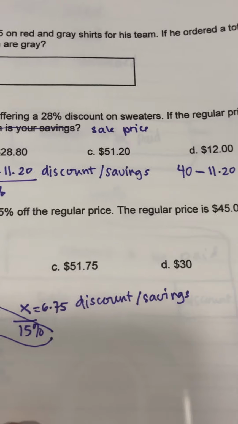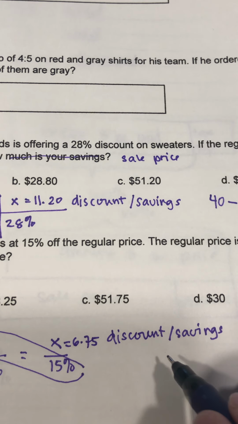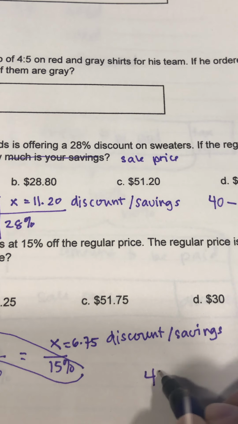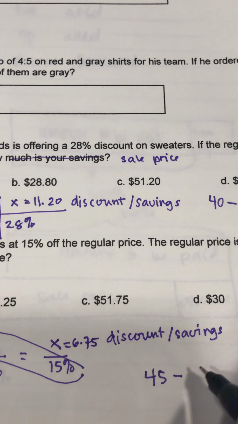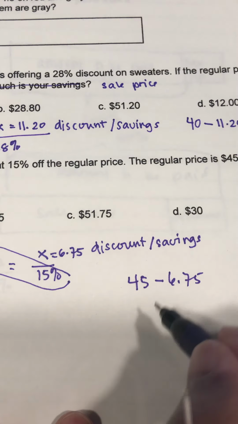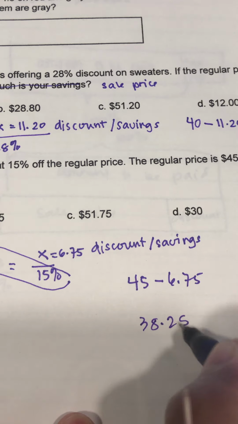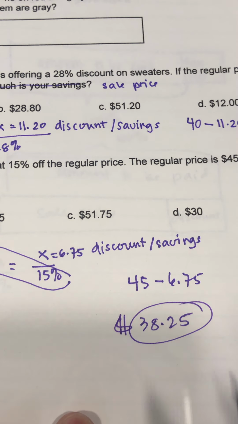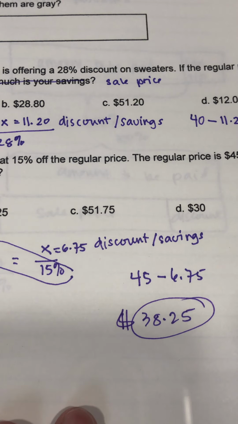So let's subtract our discount. 45 minus 6.75 is 38.25. So your sale price is $38.25.